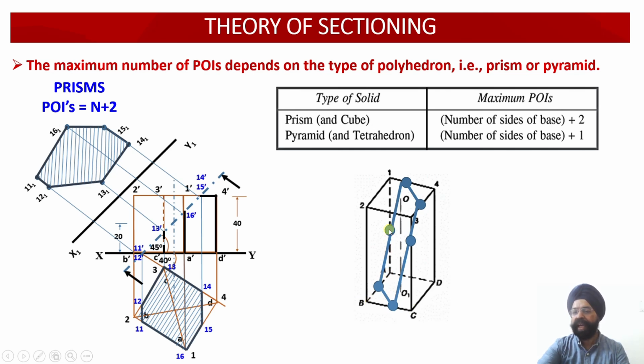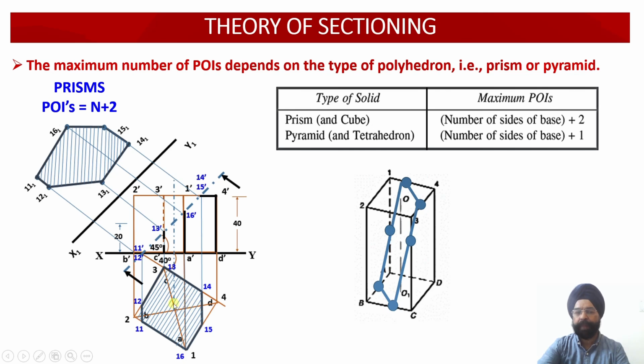So even though my cutting plane is cutting only two vertical edges, since it is cutting the top face as well as the bottom face, there are 2 points corresponding to the bottom face, 2 points corresponding to the top face, and 2 points corresponding to the two vertical edges. So even though the base edges were 4, I have obtained 6 POIs in this case. So n plus 2 in case of a prism has been obtained.